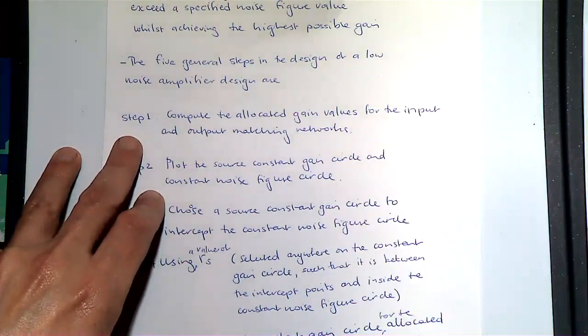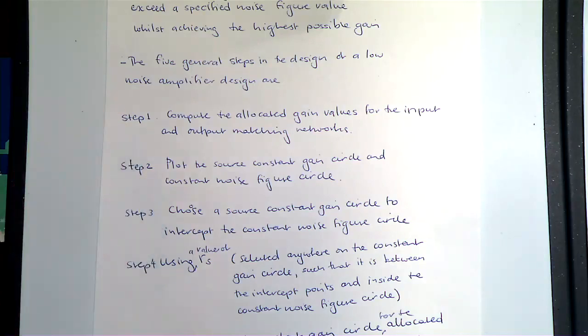So what we do is we know that we want to achieve some kind of gain. And in this particular case, we say, well, let's work out what the transducer gain is going to be. And usually a lot of times we make the unilateral assumption.